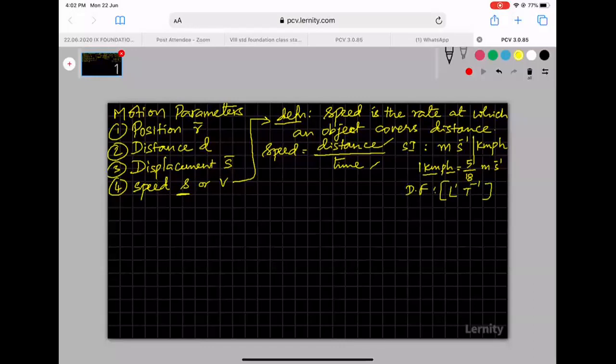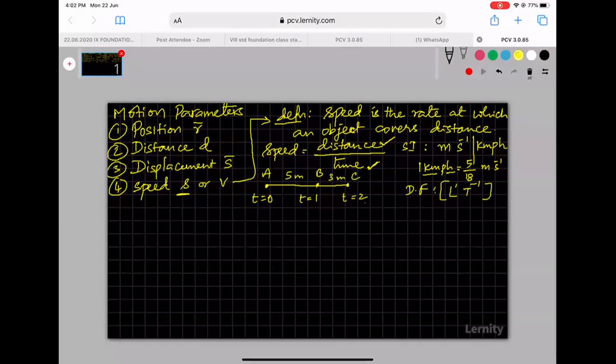But when I say distance divided by time, can it stay constant? What do I mean? Say at t equal to 0, the object is at A. By t equal to 1, let us say the object comes to B, which is 5 meters away from A. From t equal to 1 to t equal to 2, let us say the object comes to C, which is 3 meters further, in the same direction.